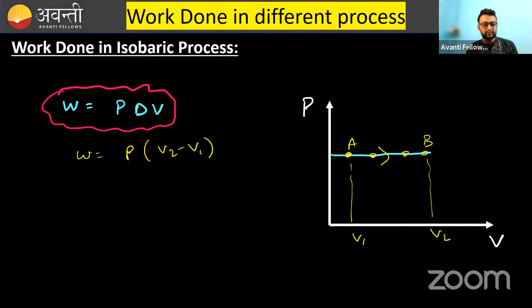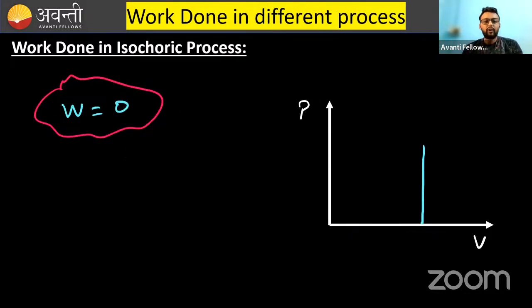One thing is common: for expansion, work done is positive. For compression, work done is negative. Clear? Moving further. For isochoric process, remember that work done in isochoric process is zero. Why is the work done zero? Because you know that work done is equal to integration of P dV, where dV is the change in volume.